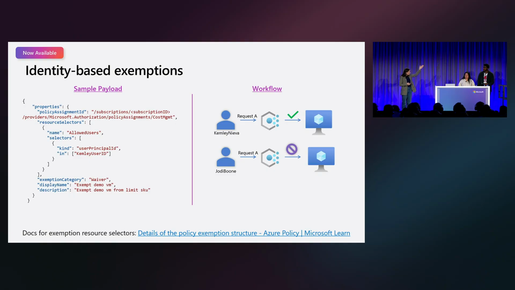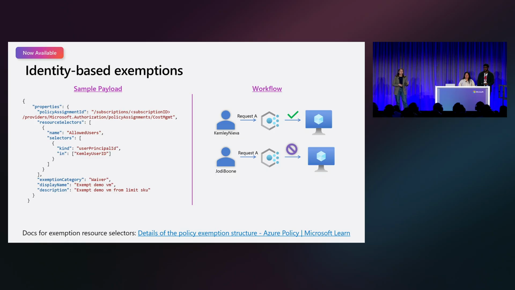But when Kemley tries to deploy this same VM, her request would be approved. So you no longer need to apply an exemption for the entire organization that both Kemley and I work in. You can really target this exemption to limited cases where your teams are deploying resources that are non-compliant.